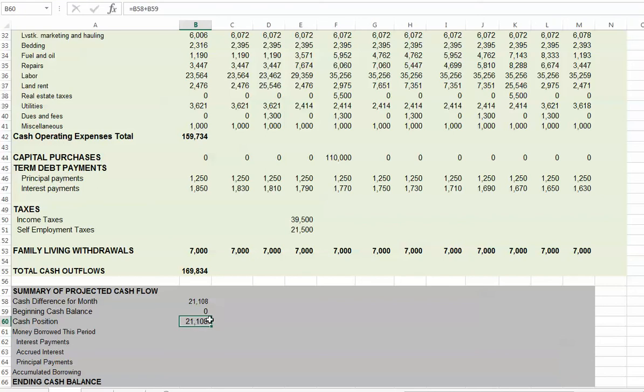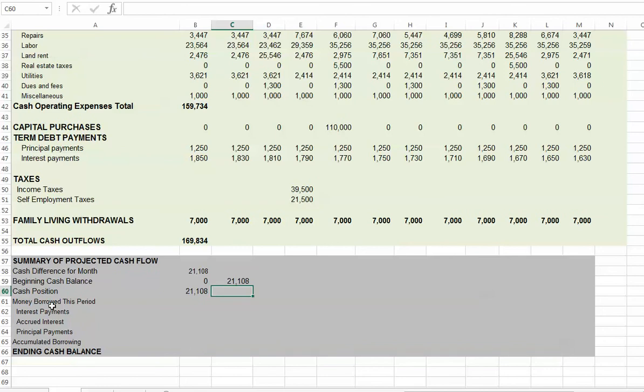So for example, when we go to February, we're going to say equal the cash position here, and then when you get a cash difference, you'll add this beginning cash balance, which was the ending cash balance of the previous month, and then you'll get a running total. So when you complete this table all the way through, it'll simply show you how much cash should be available to the farm at the end of each of the months. Okay?